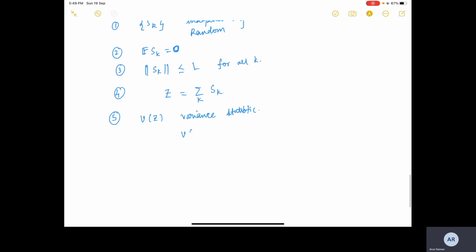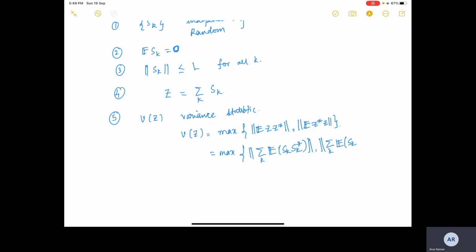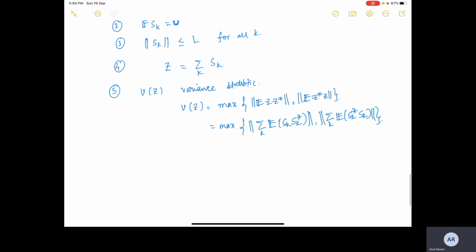So V of Z is equal to the max of the two terms, which can equivalently be written in another form. Okay, so this is the variance statistic.